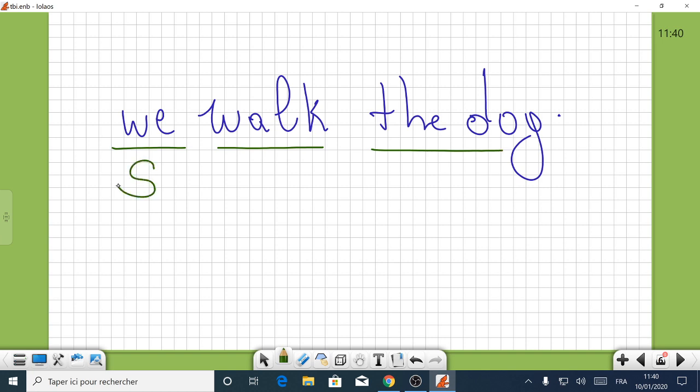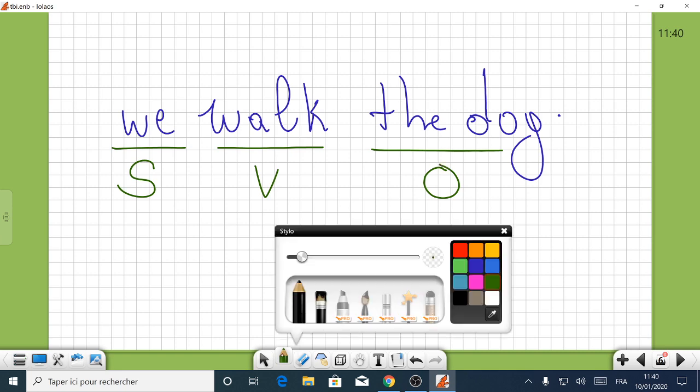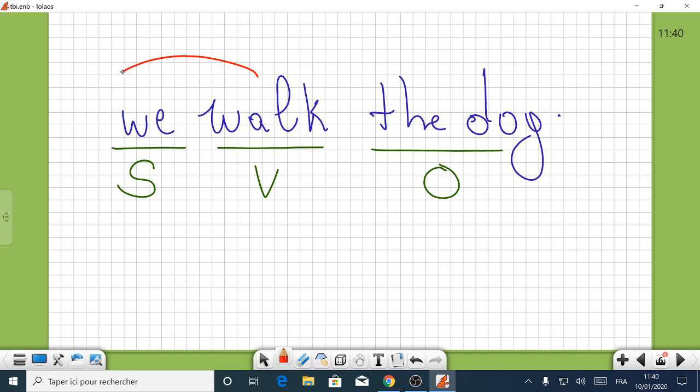Subject, and here we have verb, and here we have object. So when I talk about pronouns, they are always about the subject, about the verb. So when it is before, that's a subject pronoun, and when it is after, that's an object pronoun in a very simple and easy way.